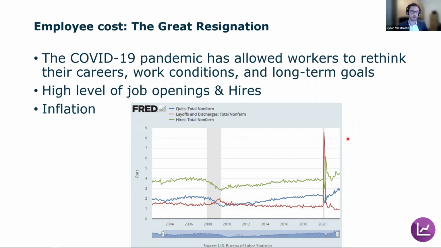And when you're at home, you of course have more time to think about your career, your long-term goals, and your working conditions. Typically, what you see after a recession is a high level of job openings and hires. Hires is the green line here. That's currently very high. Also the quits, so people just quitting their jobs, are very high. And we argue that inflation could also be a factor there.